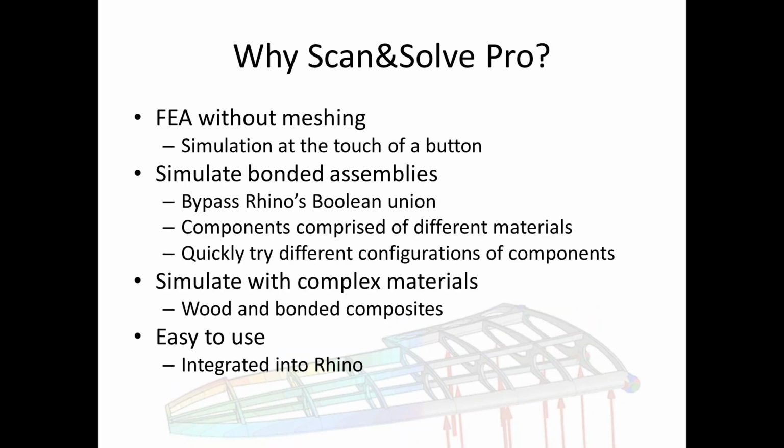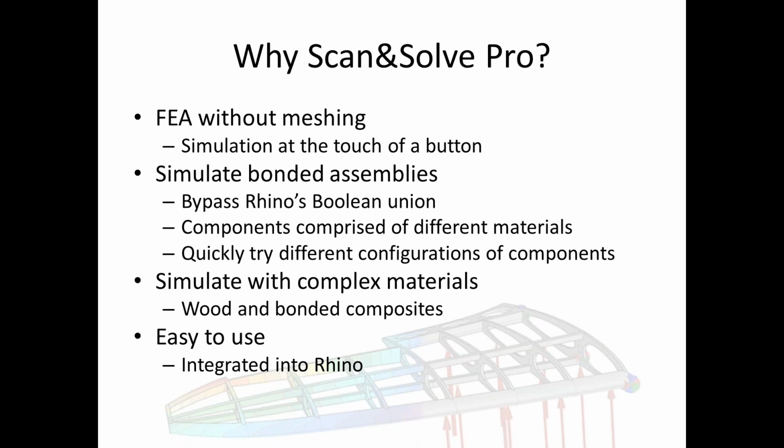So why Scan&Solve Pro? Like previous versions of Scan&Solve, it's FEA without meshing. So you can do simulation at the touch of a button within Rhino using solids or meshes or extrusions. With Scan&Solve Pro, we can actually now simulate with bonded assemblies. So we're not restricted to a single solid as we were with previous versions of Scan&Solve.